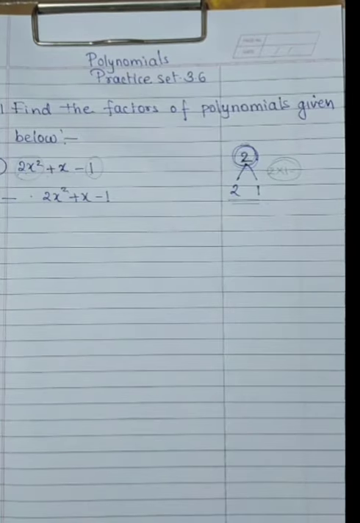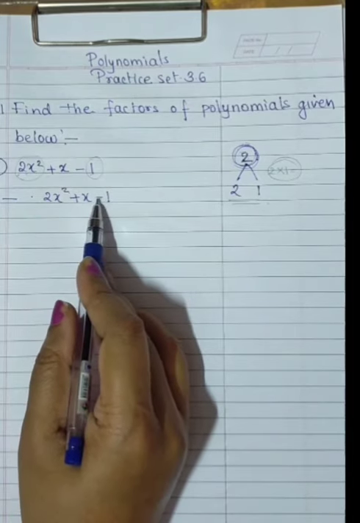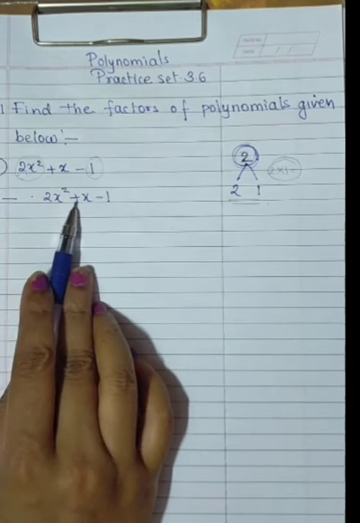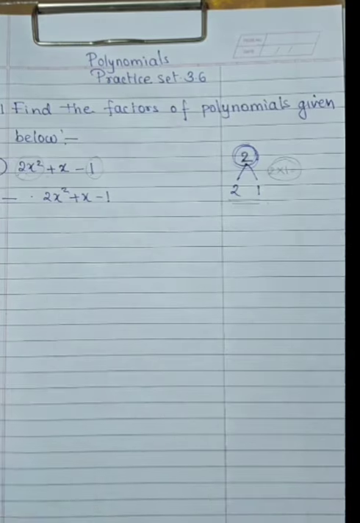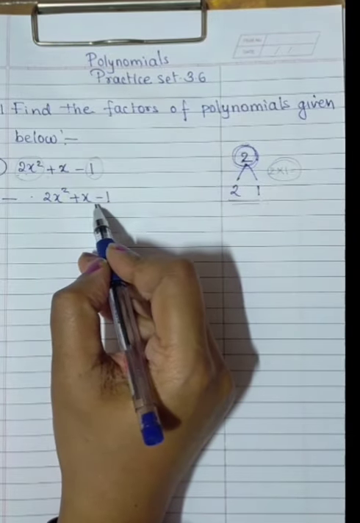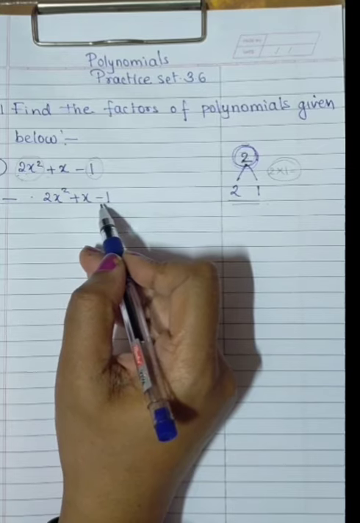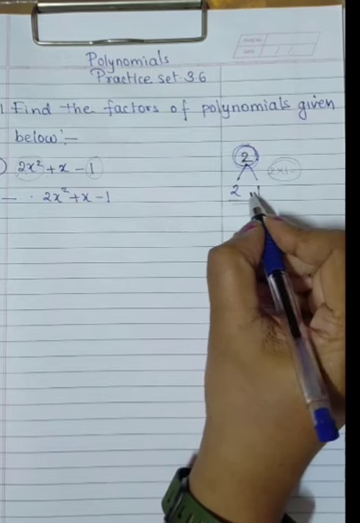Okay, now here, as you can see, the minus sign is there. The first is plus and the last sign is what? Minus. So if there is a minus sign with the last coefficient, then at that time we have to take minus in between these.